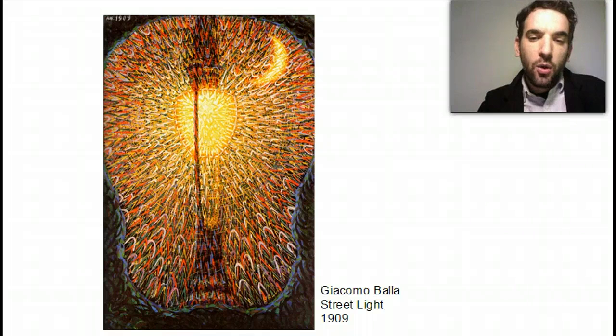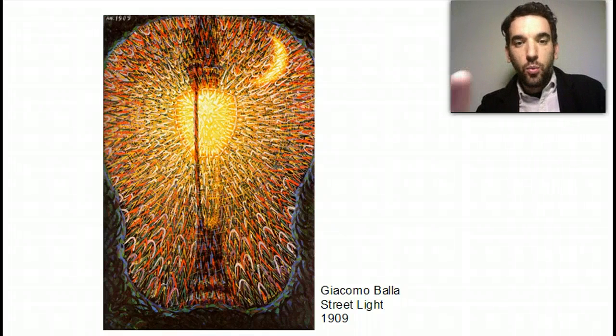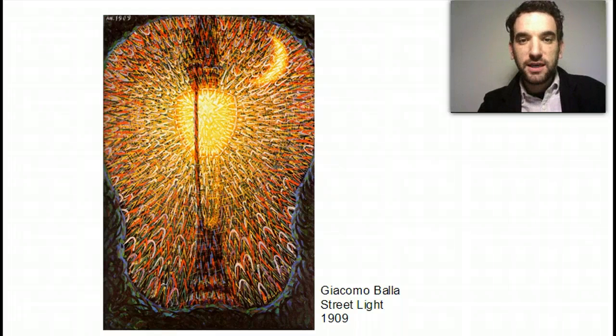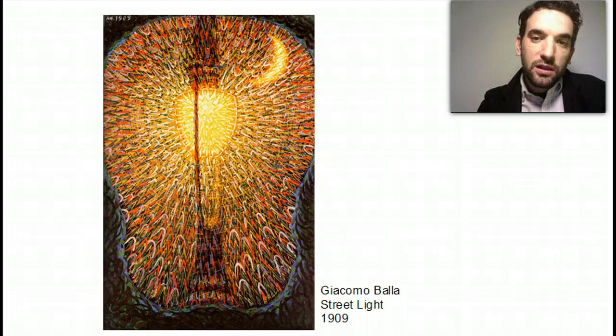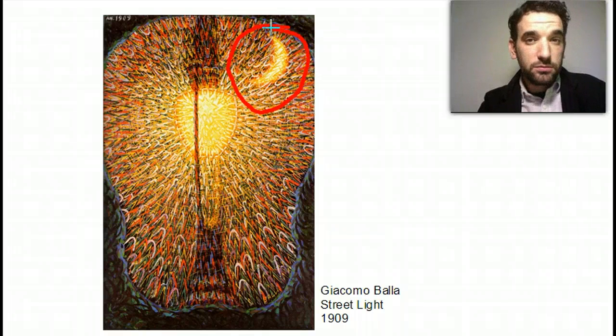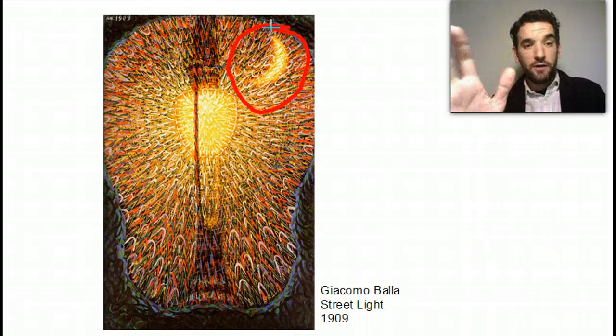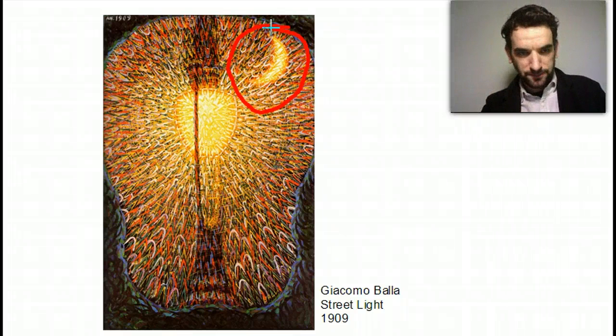But Balla wanted to really indicate what was happening with these things. It wasn't just about, look at how fancy the light is, because, yeah, sure, light's fancy. It's also about, look at what the light is doing to this thing. That's the moon, drawn in a crescent shape to make sure that we all fully understand that that's the moon. The moon used to be the brightest thing in the sky.